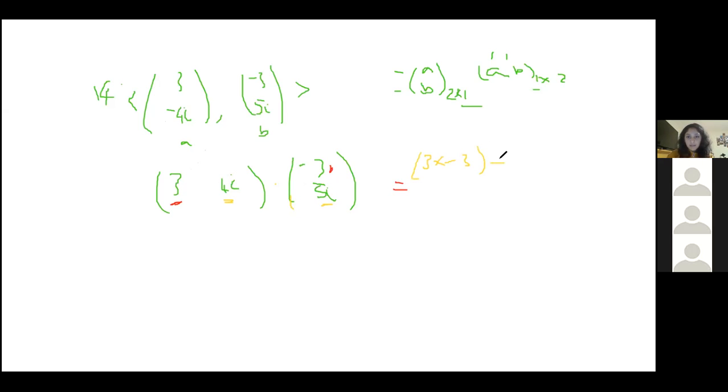And then you add, it's not going to be a vector, it's going to be a single number. You add that with 4i times 5i.